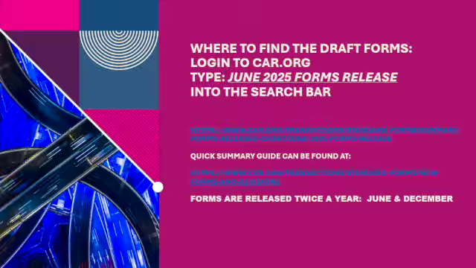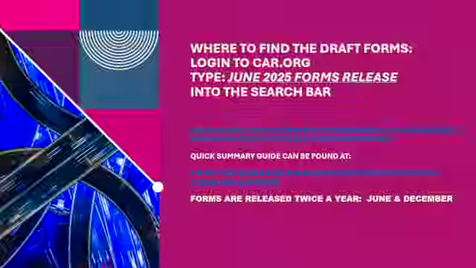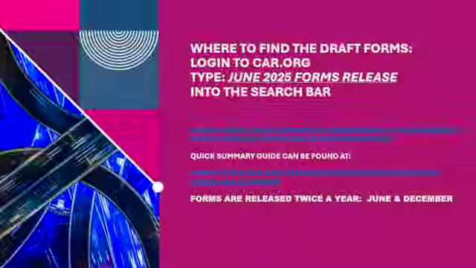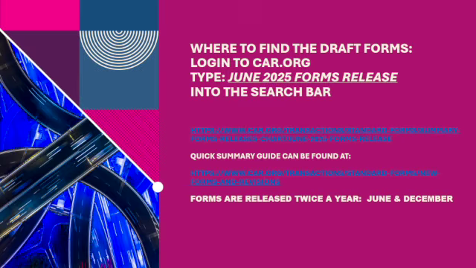That's why there are so many revisions. I have gotten comments from members that say it's so hard to navigate the C.A.R.org website to find these things. So a little note: when you go to C.A.R.org, there's a search bar at the right-hand corner, and you just type in June 2025 release forms, or forms release, and you'll get to that URL.